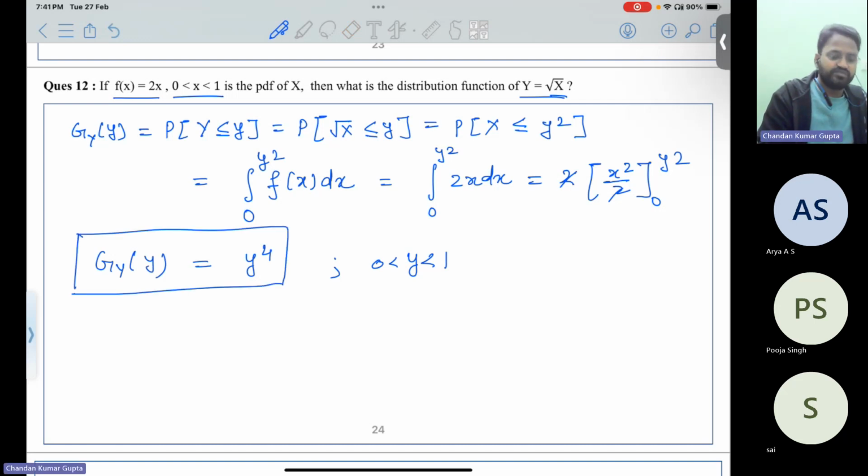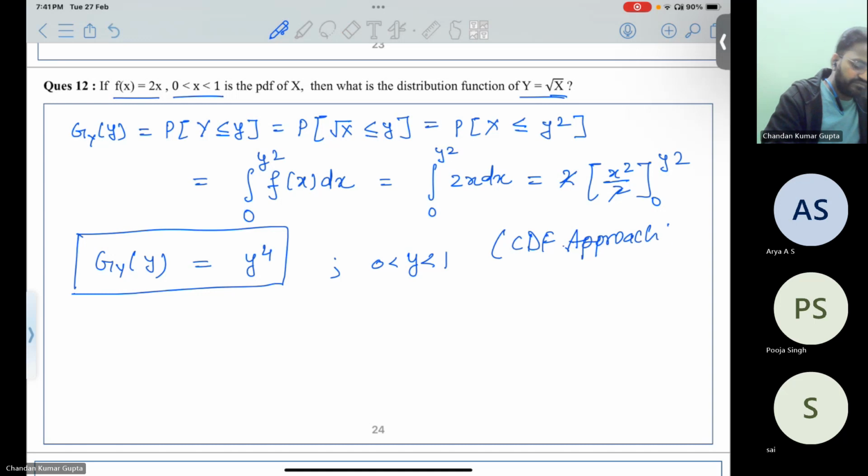Okay. So this is our CDF, and this approach is called the CDF approach. We use the formula of CDF and then proceed in a similar manner. We find the CDF of y, which is equal to root x.